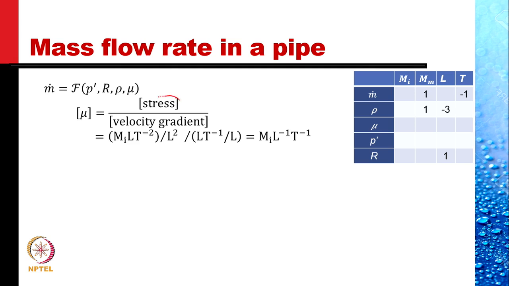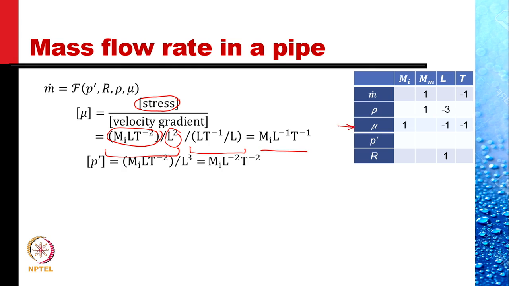So the dimensions of stress are expressed as mi L t raised to minus 2 divided by the dimension of area. So this quantity represents the dimension of stress. Here the mass has the role of inertia. The velocity gradient is simply L t minus 1 divided by L, velocity divided by length. And so the dimension of mu would be mi L minus 1 t minus 1. And this we put in the table.